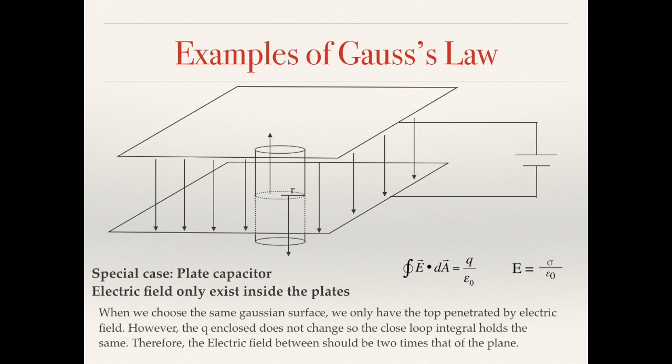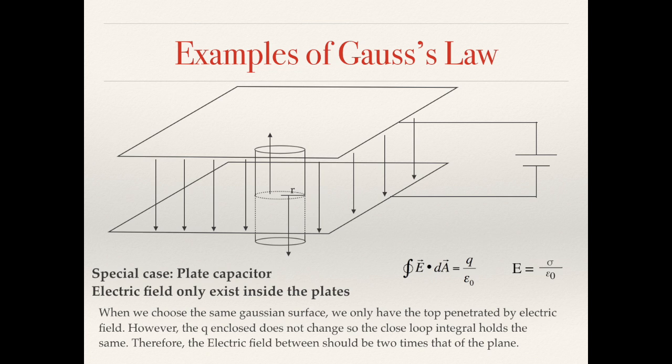In this case, we will choose the same Gaussian surface as we did for the infinitely large plane, and we will put that Gaussian surface on the bottom plate so it does not touch the top plate. It is quite obvious that the charge enclosed by the Gaussian surface in this case can be represented by the same equations as in the infinitely large plane example.